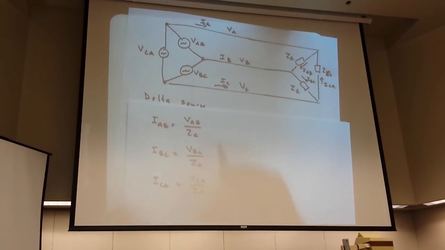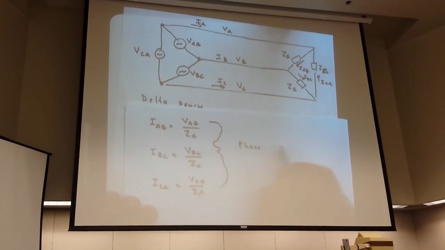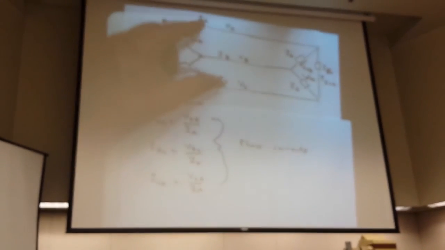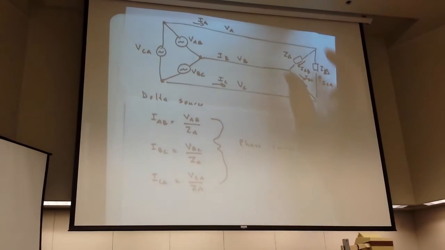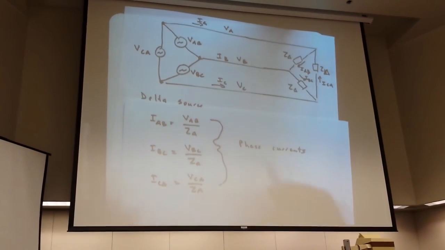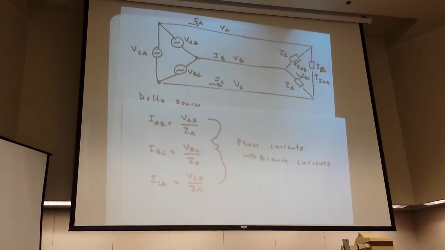These, in some sense, you can call phase current. That's not really the terminology, but just for symmetry. We had phase voltage and line current. Now we have line voltage and phase current, though the more common terminology is called branch currents. I include phase just for completeness, for some symmetry.